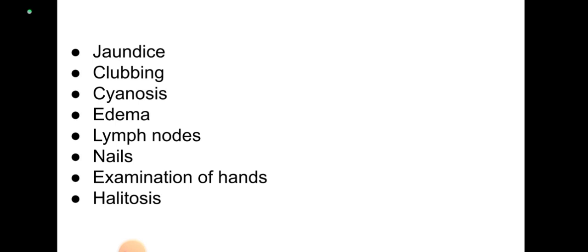Same for cyanosis, which is a bluish discoloration of skin and mucous membrane caused by increased quantity of reduced hemoglobin in superficial blood vessels. We have made a detailed video on it. Edema. Edema is the presence of excess fluid in interstitial spaces causing swelling of the tissue.